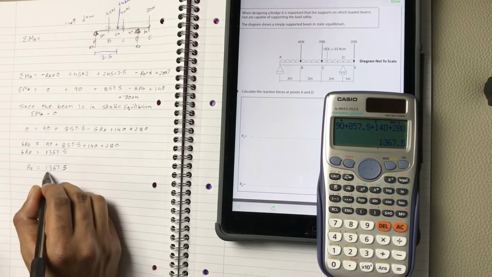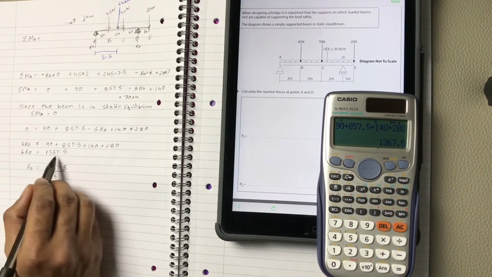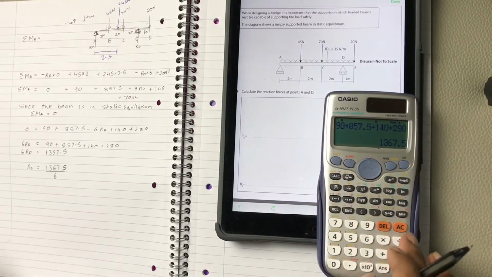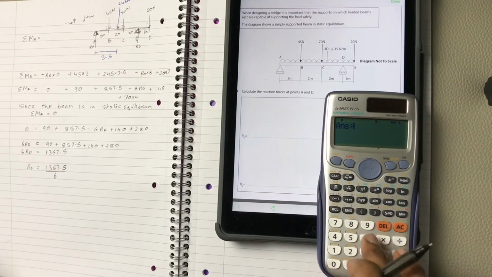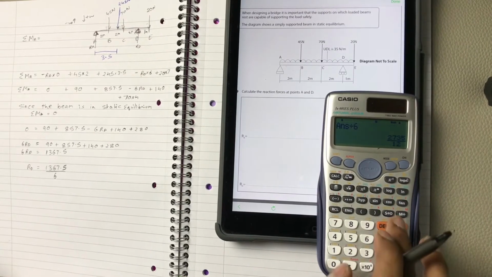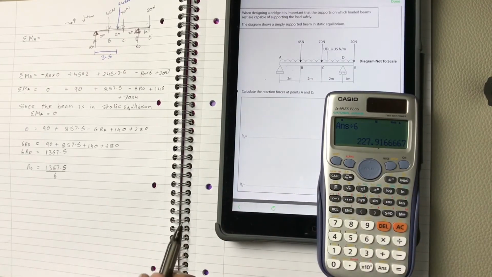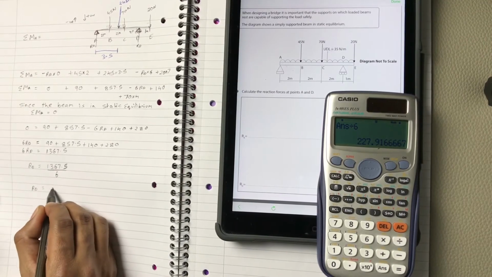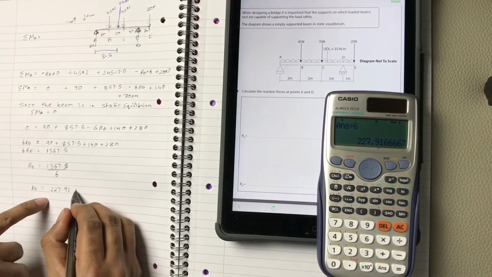And hence my RD will be equal to 1367.5 over 6, because the 6 goes on the other side of the equal to sign, and my answer divided by 6 will be equal to 227.91. So RD will be equal to 227.91 Newton.